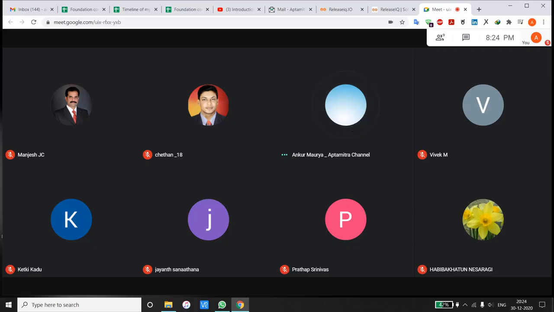So this tool, Release IQ, automates the whole process so that everybody can sync up with each other, just like we are syncing up right now in the meeting. So we get that flow, the continuity, and everybody is on the same page.